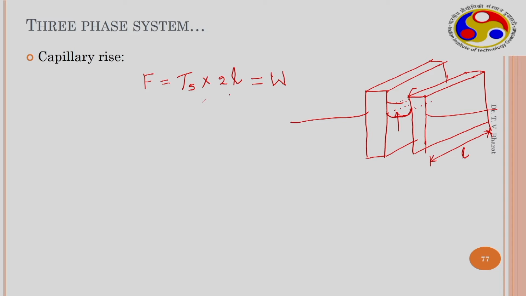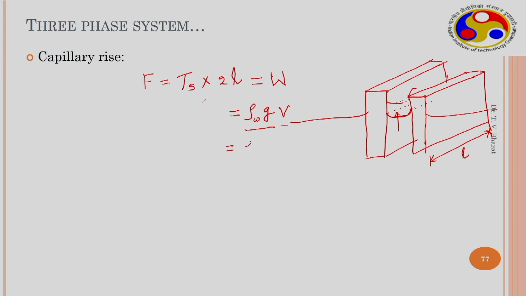So the weight of the column should be equal to the density of water times g times the volume. This is in kilonewton per meter cube, into meter cube, which gives kilonewton, so that is the weight.